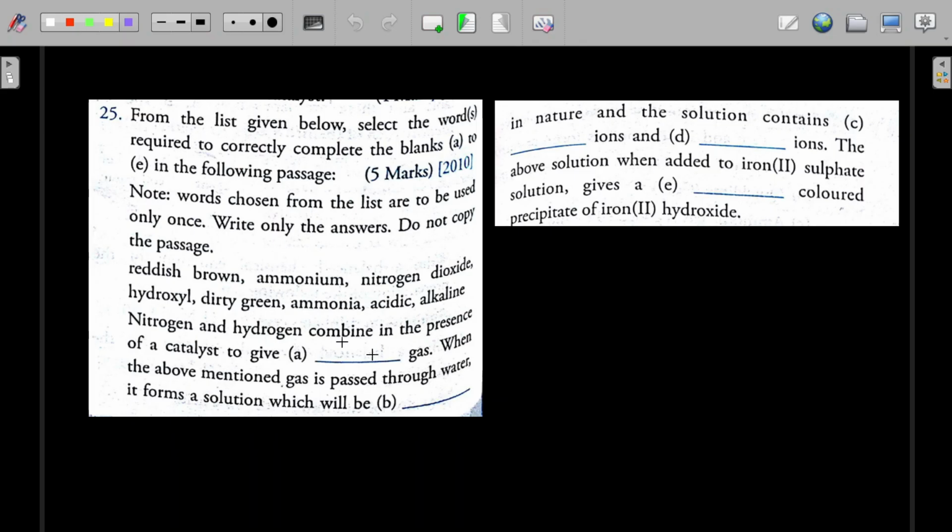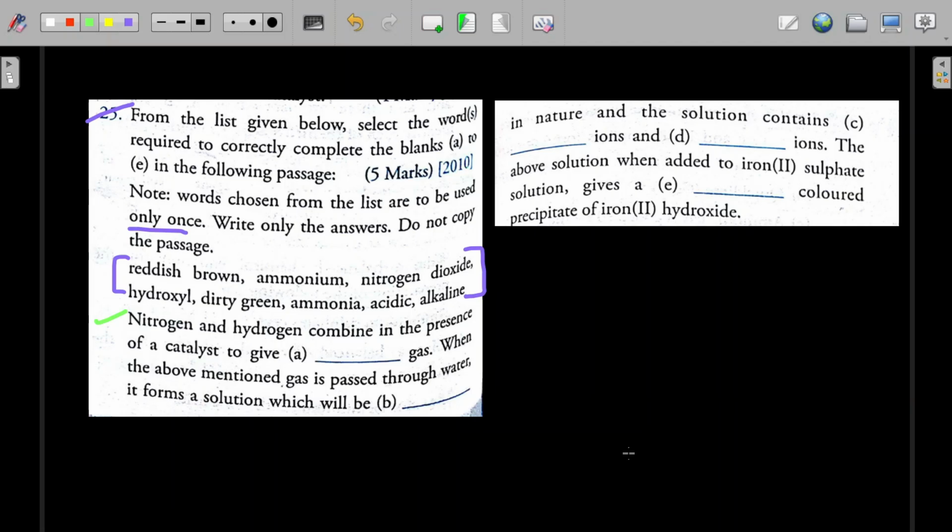Okay, last question. From the list given below, select the word required. Note, words chosen from the list are to be used only once. Write only the answers, do not copy the passage. So the words given here are these. Yes, Dhanesh, can you start reading here? Hydrogen and nitrogen combine in the presence of a catalyst to give a gas.